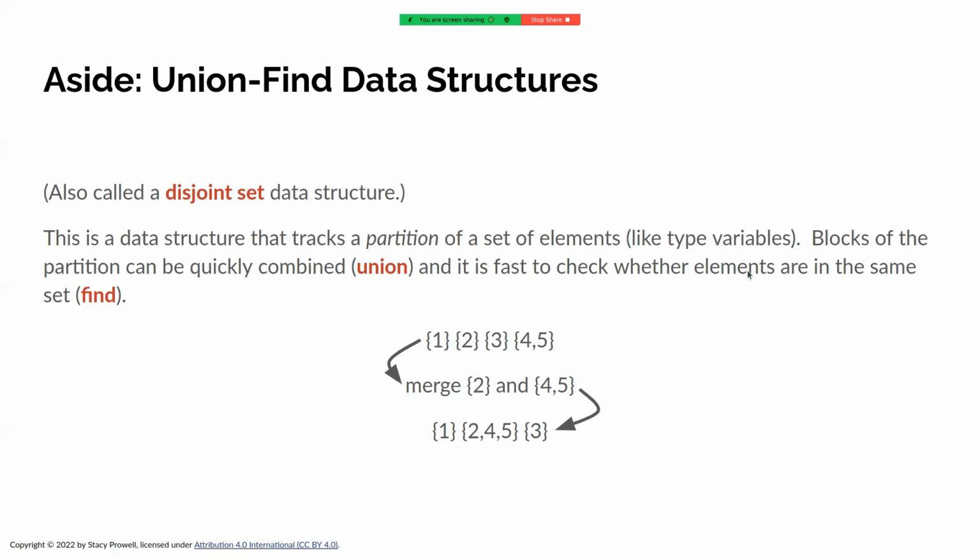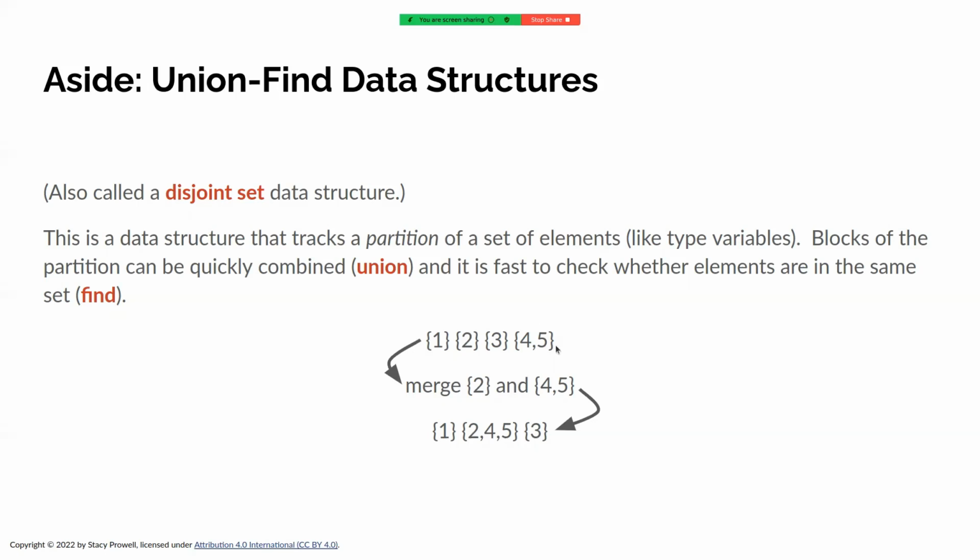For example, up here, I have a partition of the digits 1 through 5. This is a block that contains a single digit. This is a block that contains a single digit. This is a block that contains a single digit. This is a block that contains 2 digits. The partition consists of these 4 non-empty blocks, and that is a partition of the entire set 1, 2, 3, 4, 5.